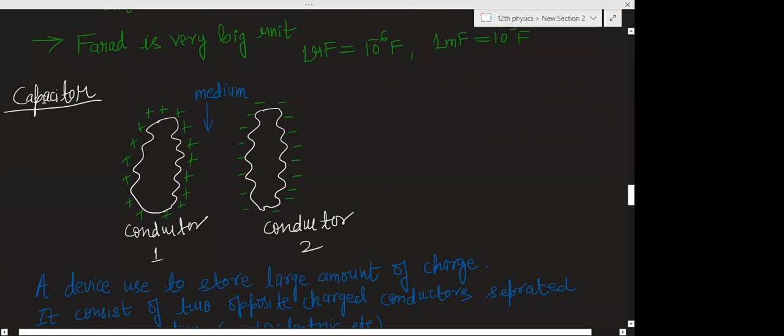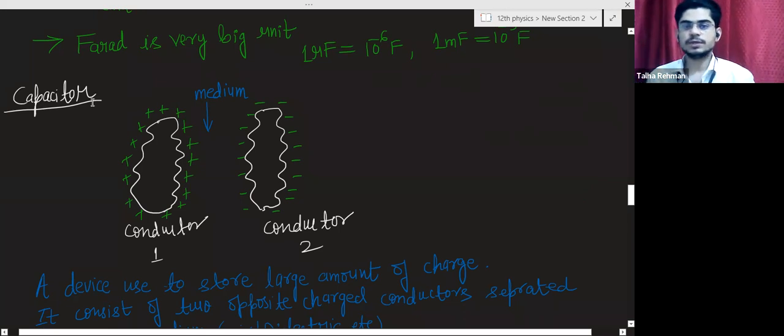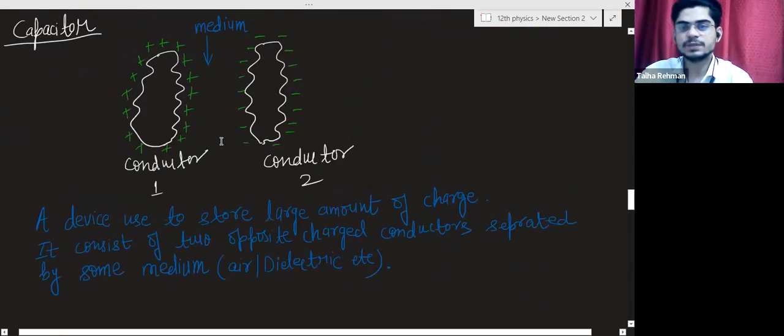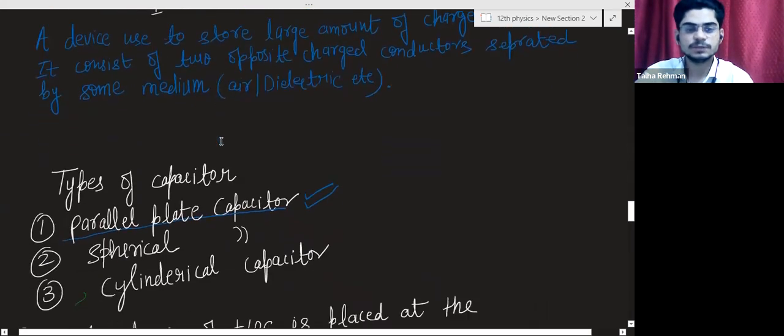So I have told you about the capacitors. Capacitors are nothing but the combination of two conductors which are separated by some medium, and the capacitor is used to store the charge.